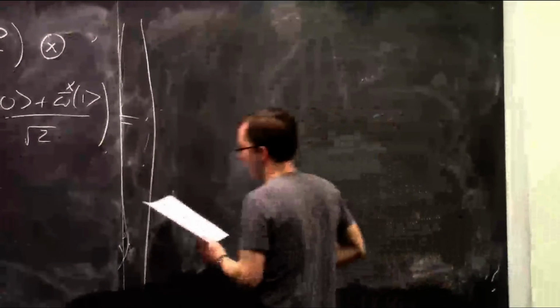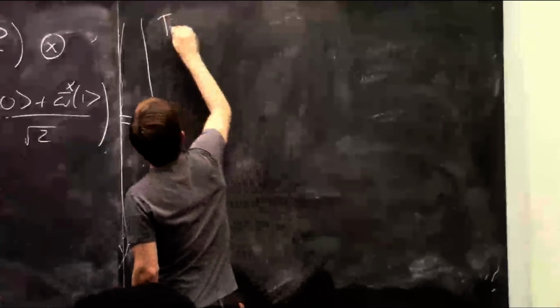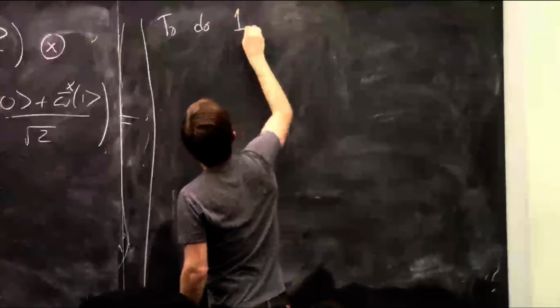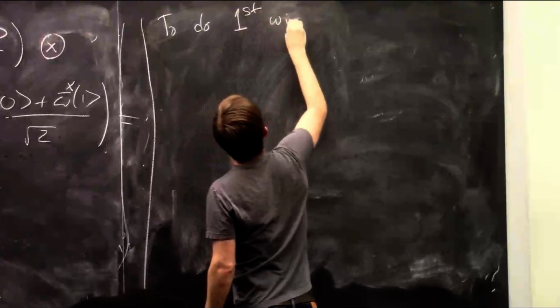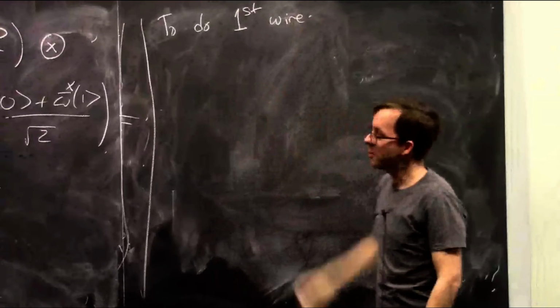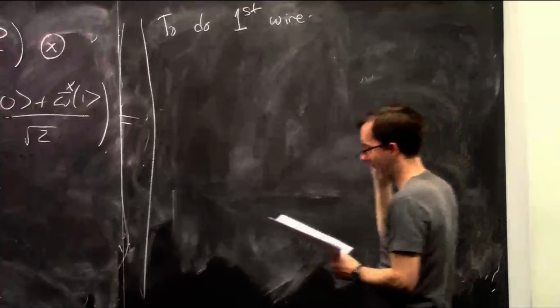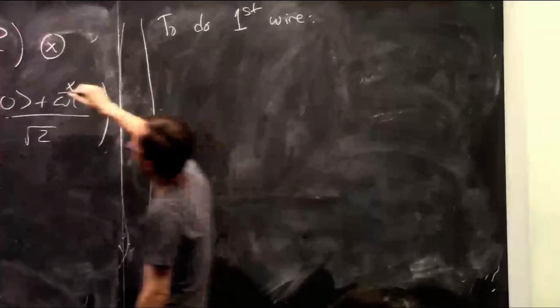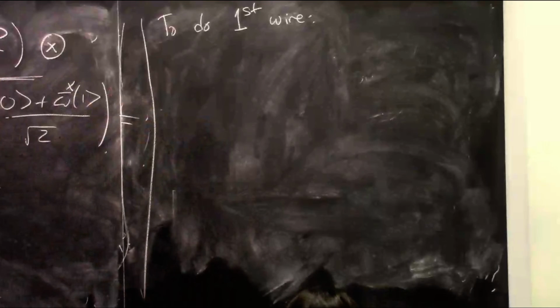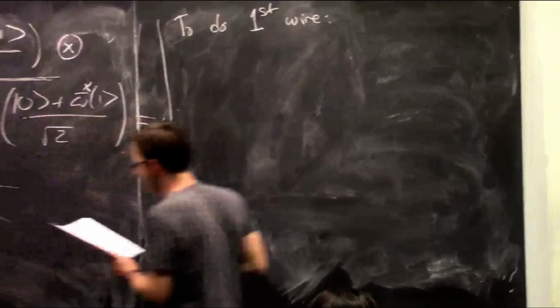So now we'll work on the quote-unquote first wire. I mean, it's really the second wire, but it's the wire indexed by 1. OK, so we're trying to get this qubit, the second wire in the picture, into this state.